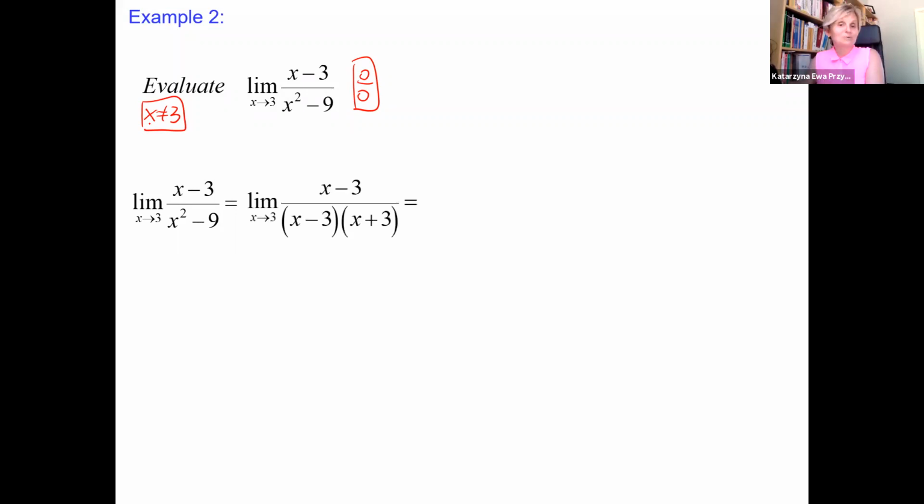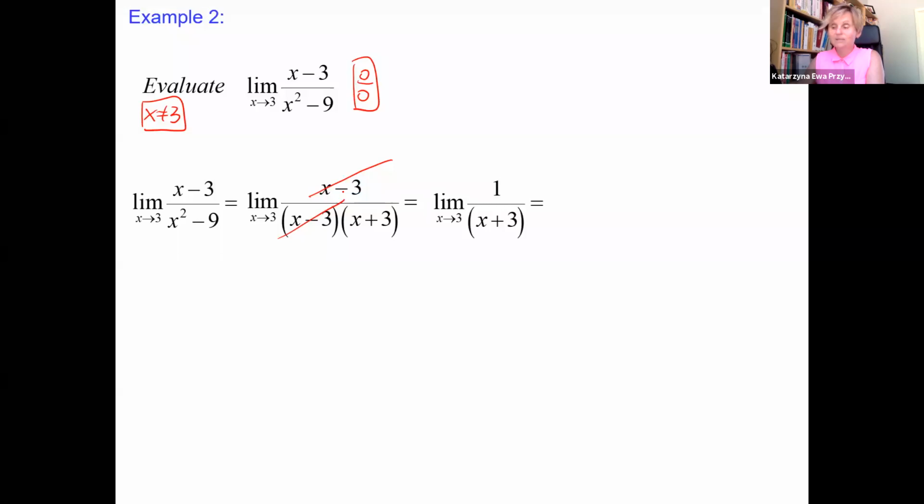We factor the denominator: x squared minus 9 is x minus 3 times x plus 3. That's the common factor, the common 0. We simplify the function to 1 over x plus 3. Now we can use the direct substitution property and substitute 3 instead of x: 3 plus 3 is 6, so the limit is 1 over 6.